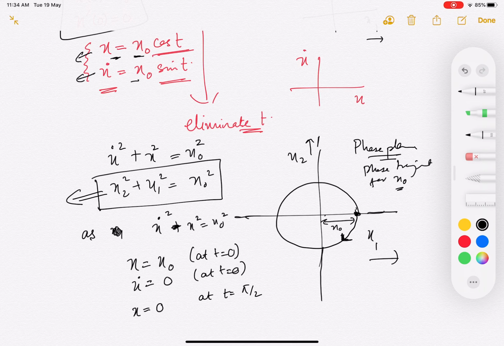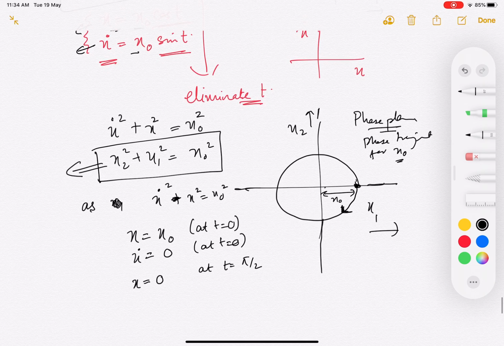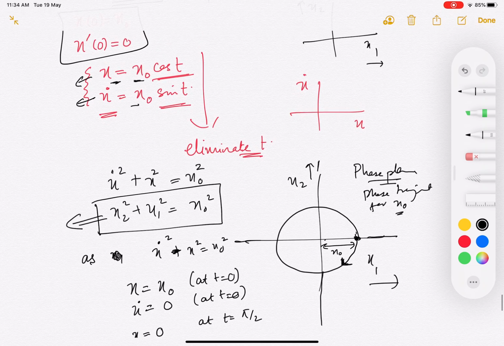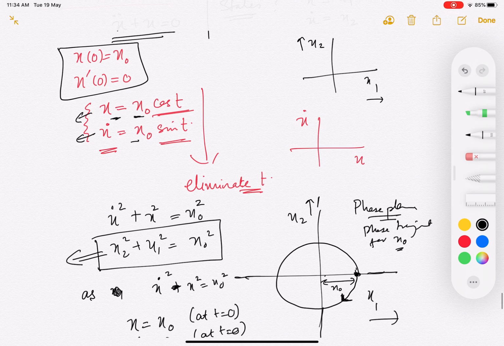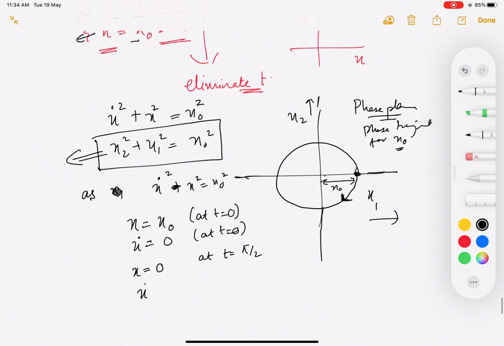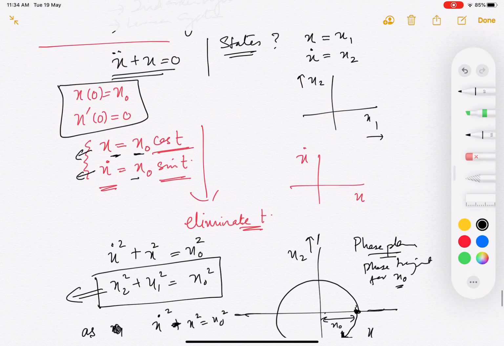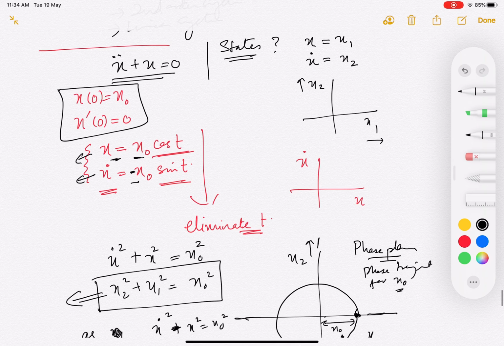So as time proceeds, x becomes 0, and what is x dot? x dot is going to be minus x0, right? I forgot the minus sign here, sorry. It's minus x0.